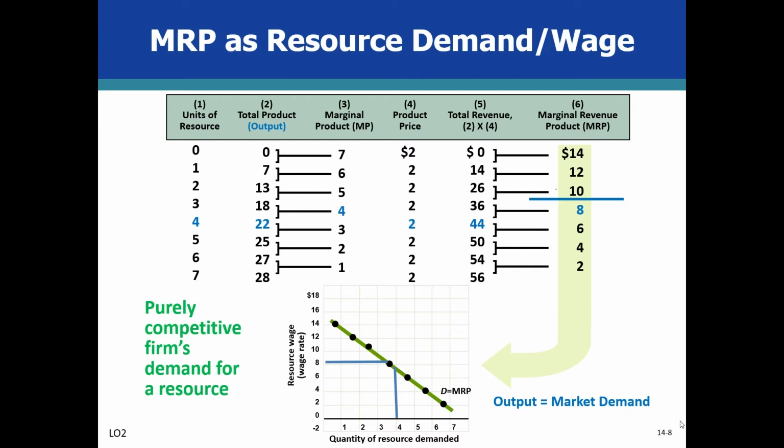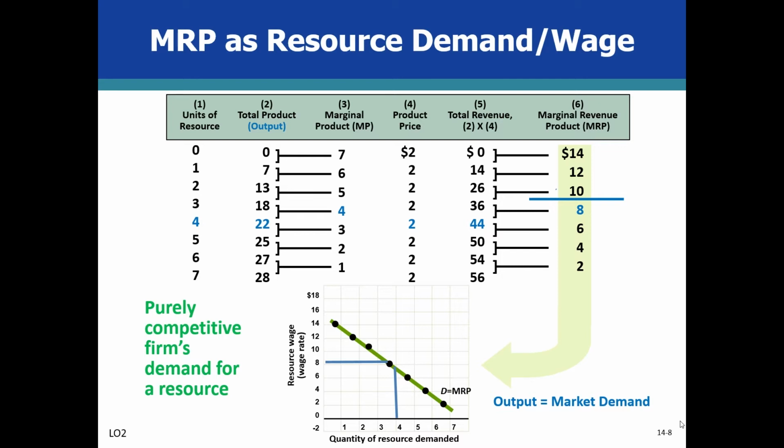Taking the production output, which equals their market demand, and multiplying by the market price, we get the total revenue of the firm of $44. Column 6 shows us the marginal revenue product, or how much each worker adds to revenue. It represents the demand curve for labor, as shown at the bottom graph.